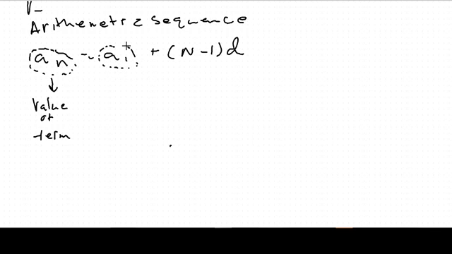This variable right here is the value for the first term. And I probably should say this is the value for the nth term, and I'll show you what I mean by that in a second. I'm just going to label the values first.